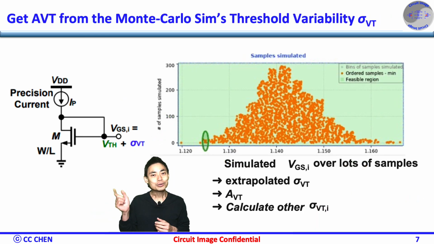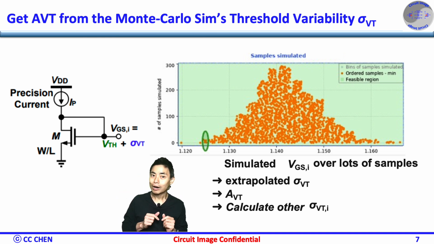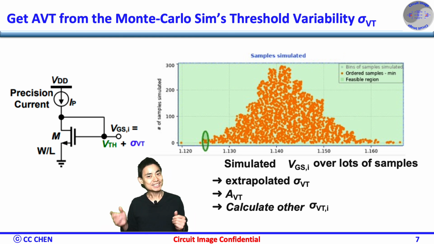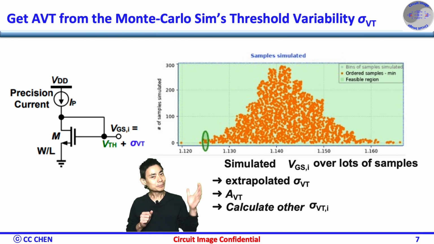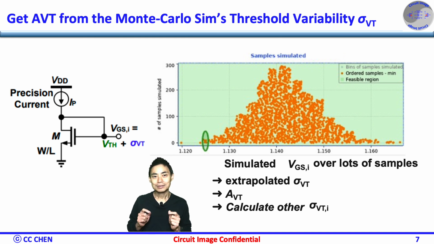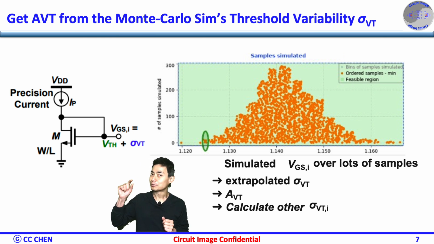Right, you can reverse engineer by observing the current variability through a diode-connected Monte Carlo simulation to either sanity check Pergun's AVT or obtain accuracy in any advanced technology. So, the methodology for determining the AVT is to measure the threshold voltage variability on a diode-connected transistor to get the sigma Vt.